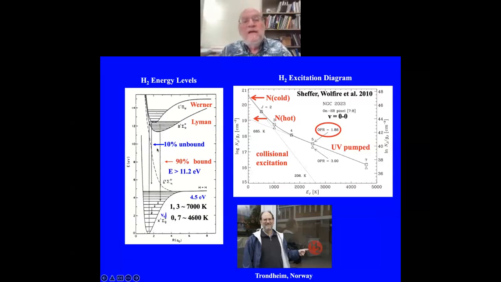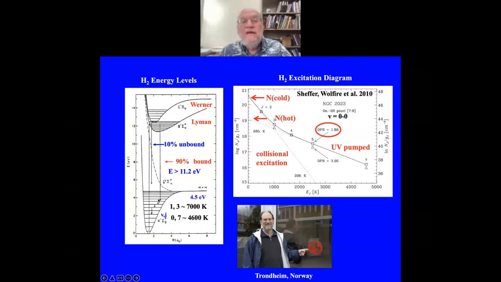But another way to excite H2 lines is by UV fluorescence. So a photon that's greater than 11.2 eV can be absorbed up to these electronic levels. 10% of those pumps land in the vibrational continuum. So that's what breaks the molecule apart.